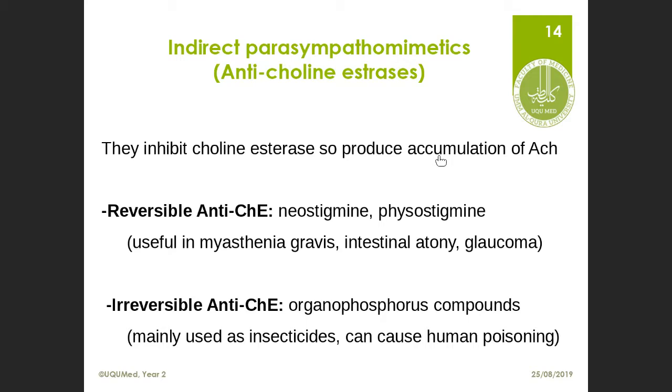But if we are using drugs which make a complex or binding with this enzyme, then acetylcholine cannot be degraded in the synaptic cleft, and there is more accumulation of acetylcholine in the synaptic cleft, and ultimately it will produce a long effect on binding with the muscarinic and nicotinic receptors, which is in the form of convulsions. I think you can better understand when we discuss the reversible anticholinesterase and the irreversible anticholinesterase inhibitors.